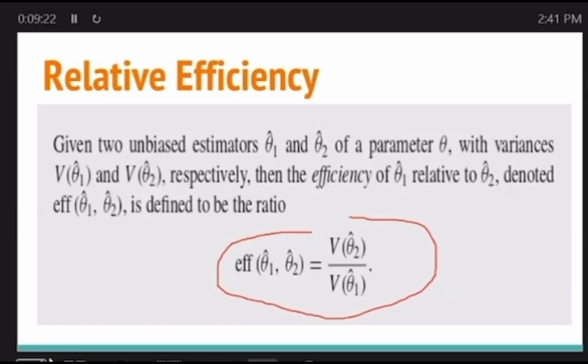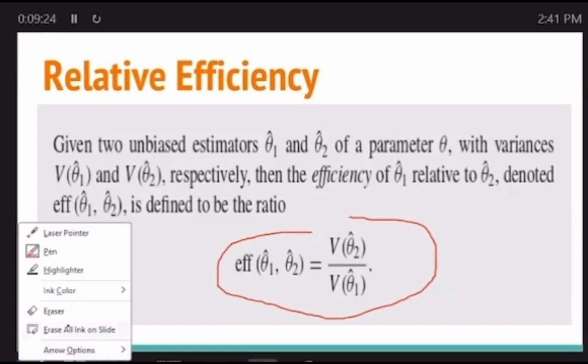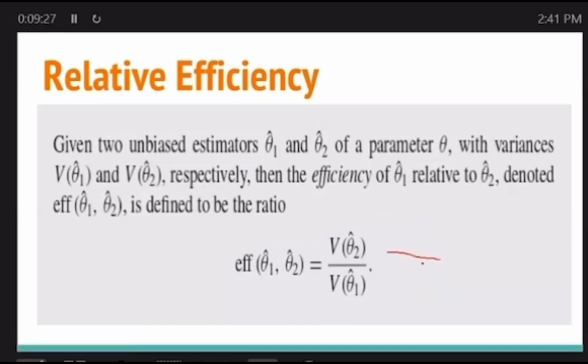I need you to pay attention now. If the result you get here is greater than one, it means what you have in the numerator is greater than what you have in the denominator. So the only condition for me to have a ratio greater than one is that the variance of theta cap 2 is greater than the variance of theta cap 1.